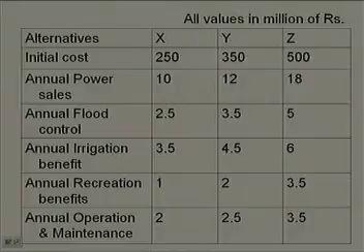Annual power sales, if you are coming up with alternative X, is 10 million. These are annual values every year for the next 50 years. For Y, this is 12 million. For Z, it is 18 million.